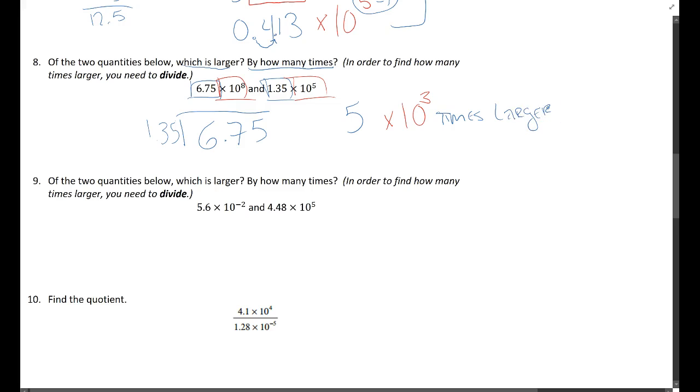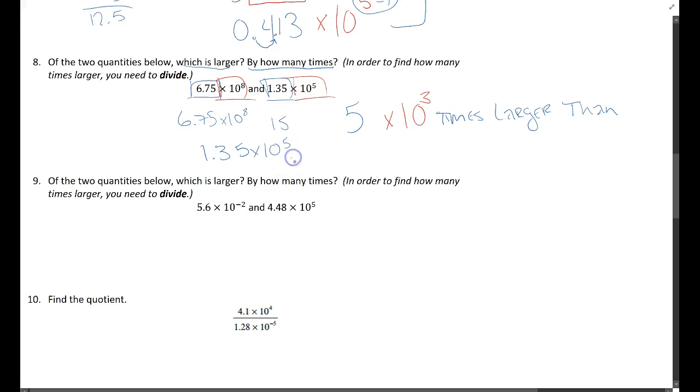So, in order to really get full points on this, I would need to actually write this. 6.75 times 10 to the 8 is 5 times 10 to the 3rd times larger than 1.35 times 10 to the 5th.